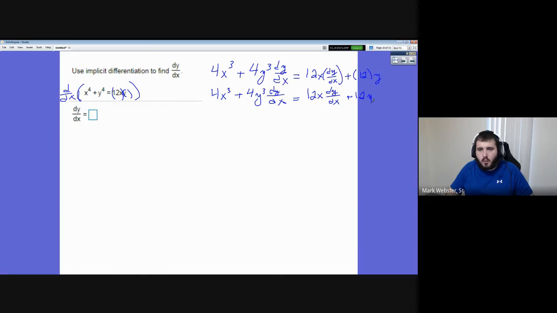plus 12y. Once again, I'm going to get all the dy dx terms on the left, and all the non-dy dx terms on the right. So the 4x cubed is going to get subtracted over here. The 12x dy dx is going to get subtracted over here. So all the dy dx terms are on the left, minus this one over here, equals 12y, and then we subtract the 4x cubed.